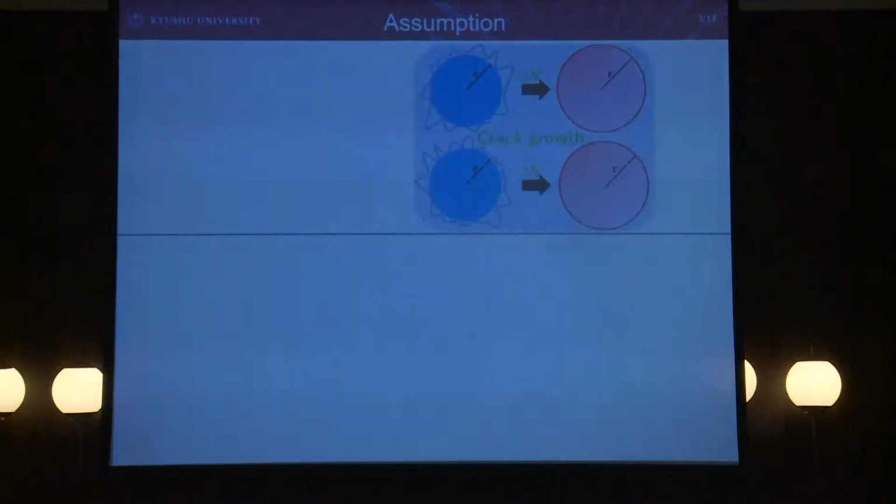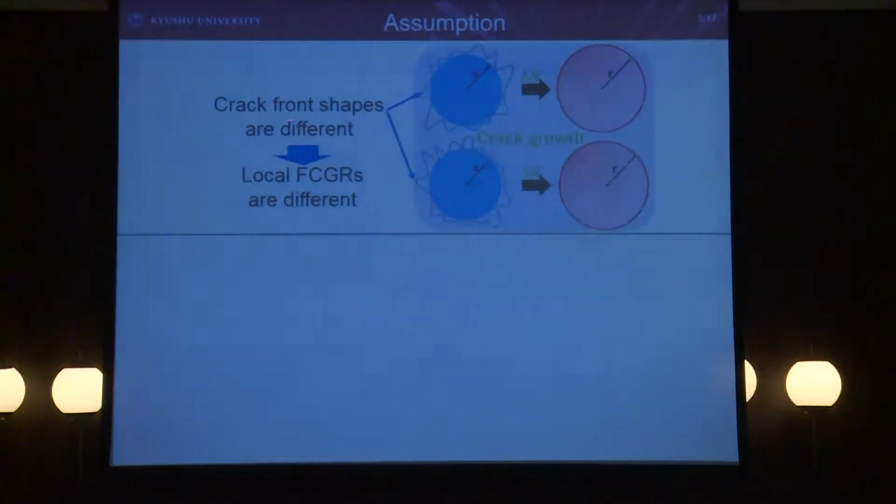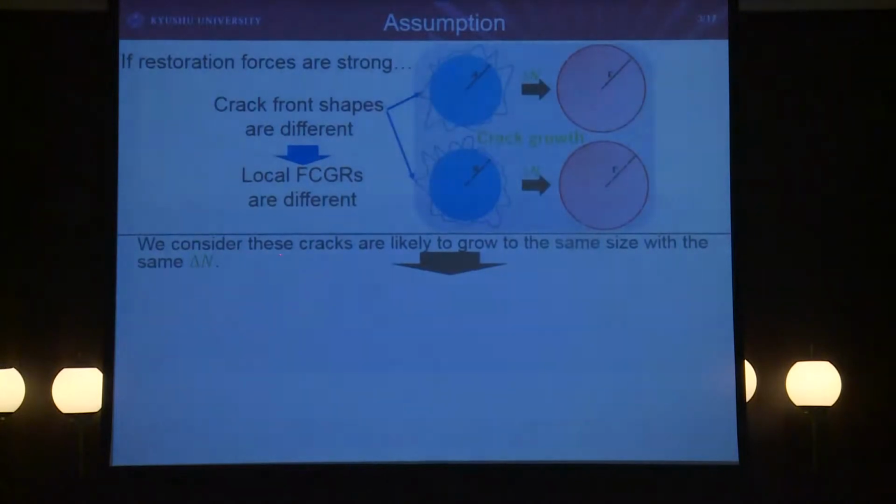And next, we prepare two cracks, and these cracks are equal in radius, but crack front shapes are different, so local FCGRs are different. And if restoration forces are strong, we consider these cracks are likely to grow to the same size with the same number of cycles.